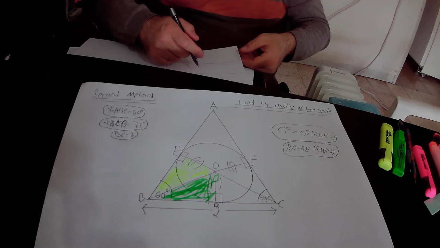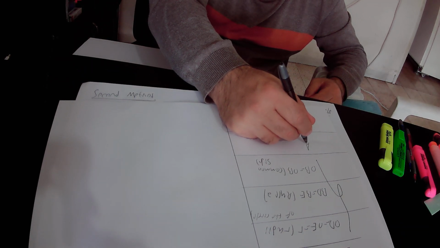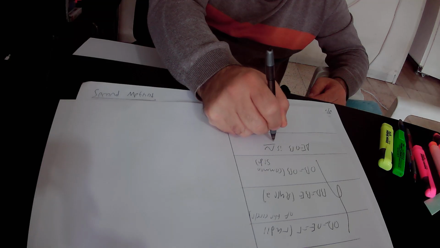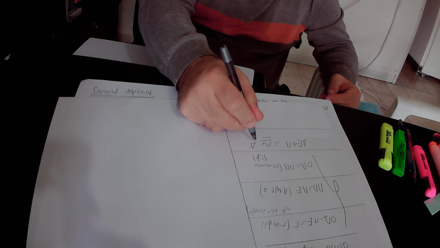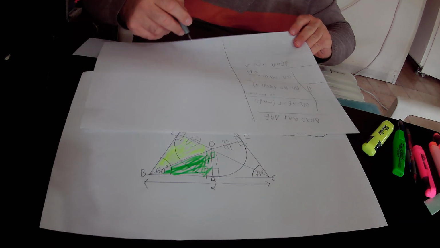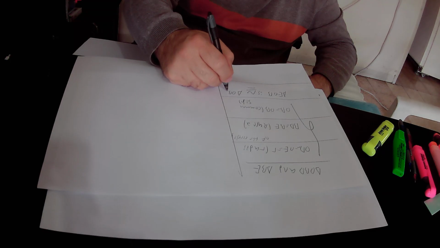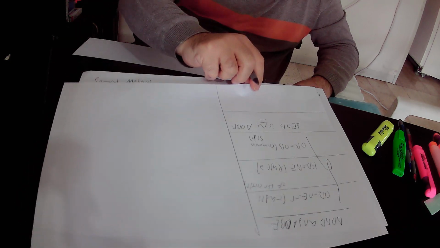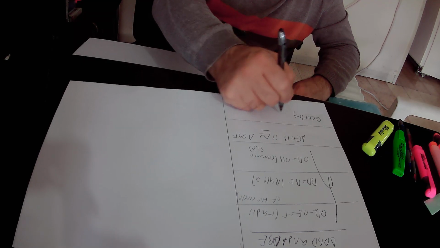So I write it down: the yellow triangle EOB is congruent to the green triangle OBD, according to the side rule.